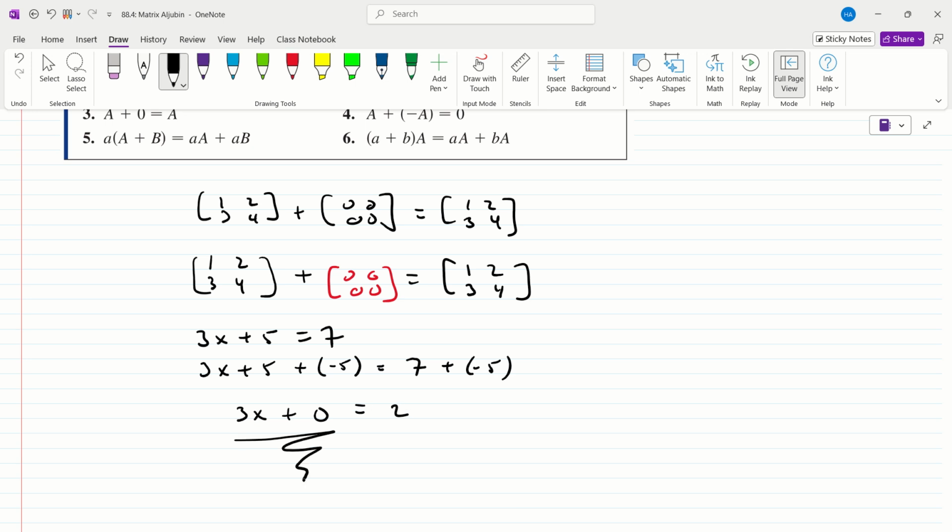And then would you say to yourself, hey, 3x plus 0 is going to be 3x because 0 is the additive identity under addition? You probably wouldn't say that, right? You would just say, well, anything plus 0 is going to be that same thing. And then you can multiply both sides by 1/3 or divide both sides by 3 to get x equals 2/3.